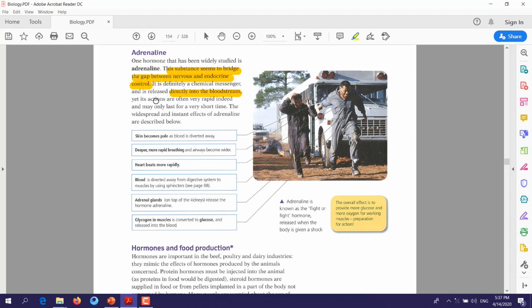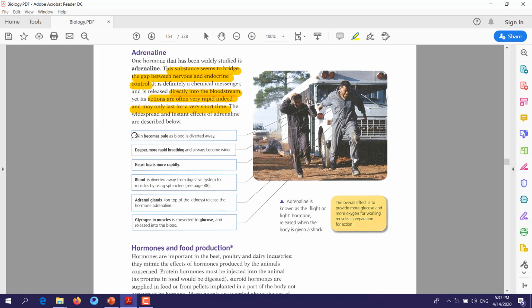Its actions are often very rapid indeed, and may last only for a short time. When it is released into the bloodstream, it affects directly and rapidly, and its effect lasts for a short time. Here we have some effects of adrenaline when it is released to the body.